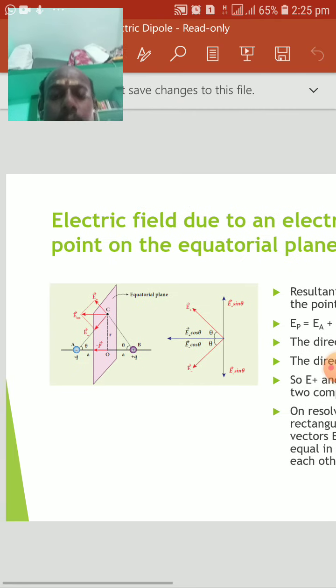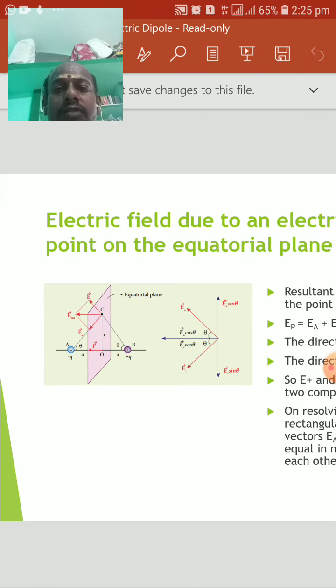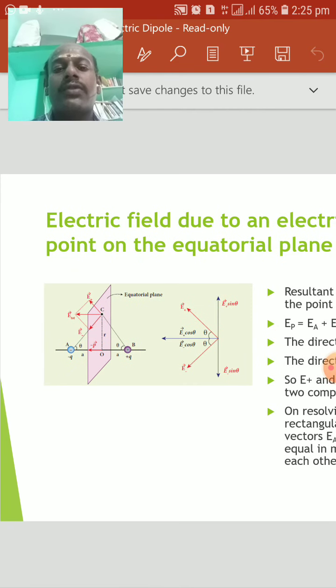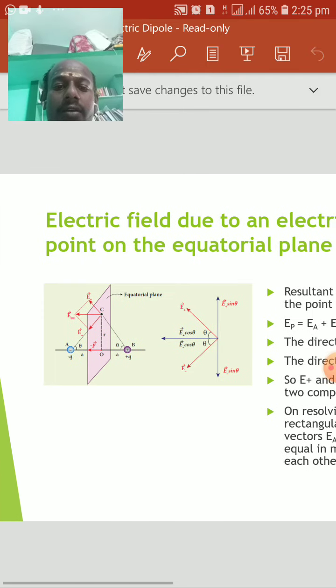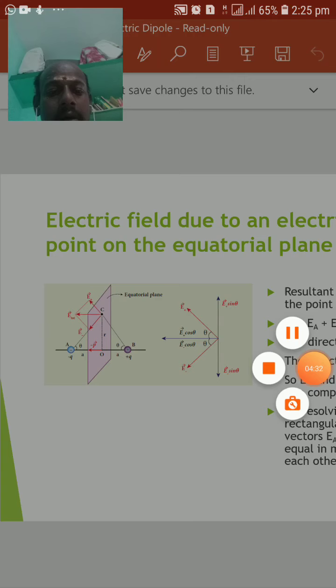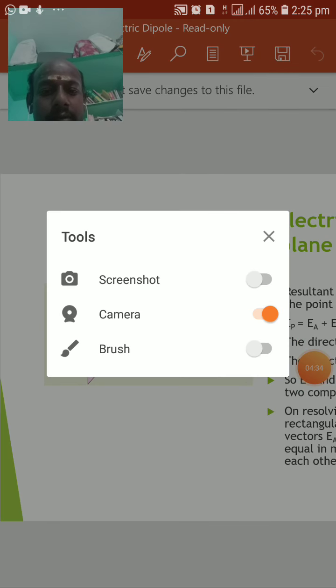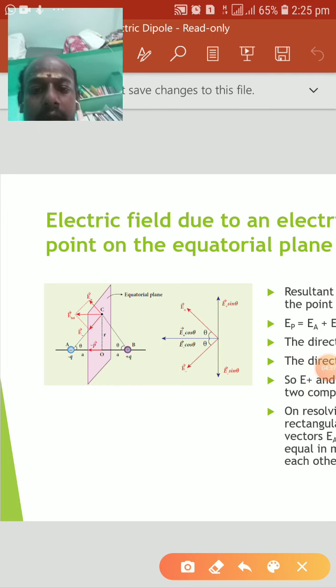The point is on the perpendicular bisector, that is C. In this C you can find, I will show you here.